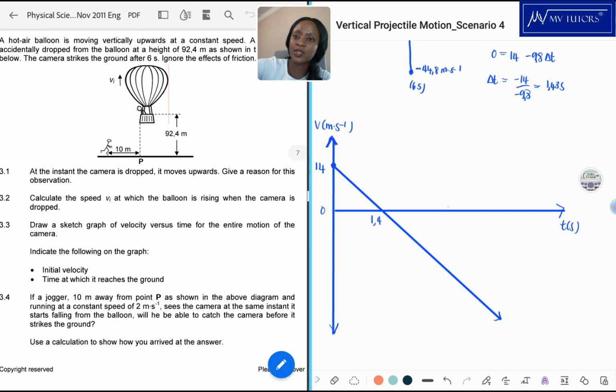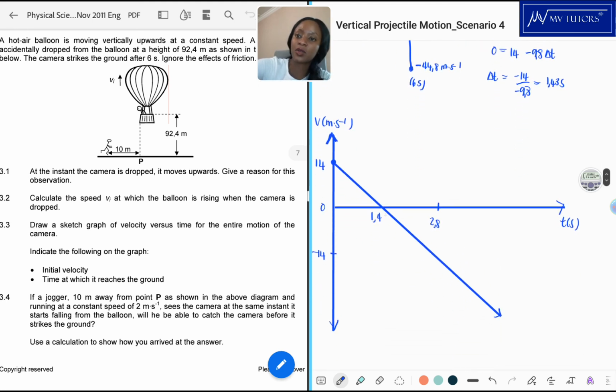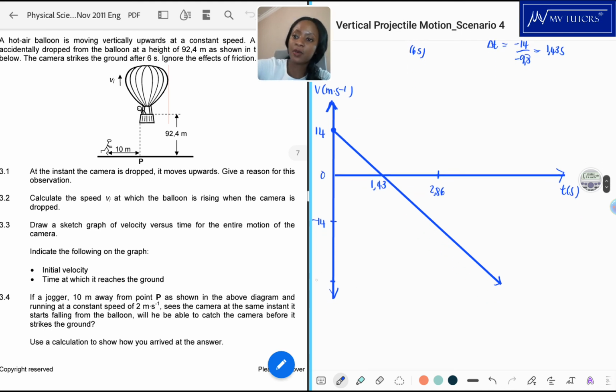And then it reached negative 14 at, more precisely, twice that time, 2,86 seconds. Then it reached its maximum velocity when it struck the ground, which is negative 44,8.